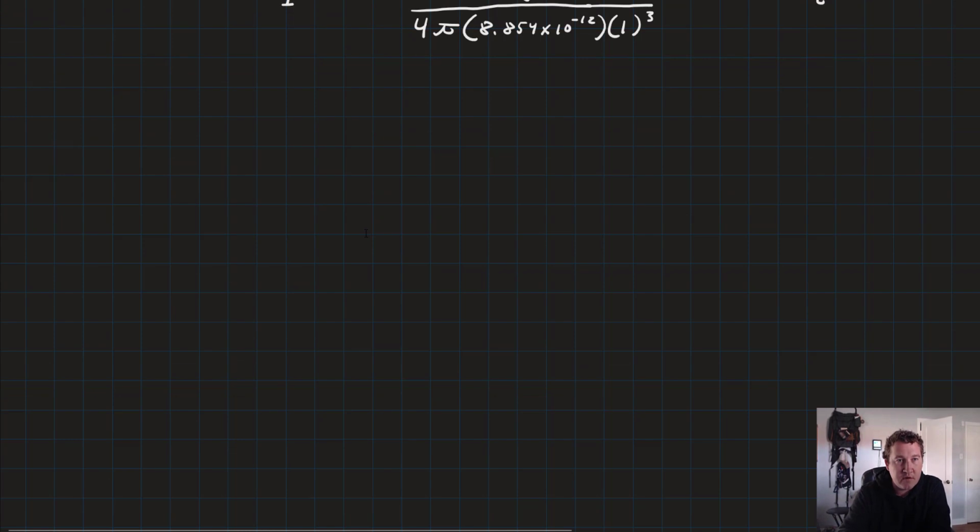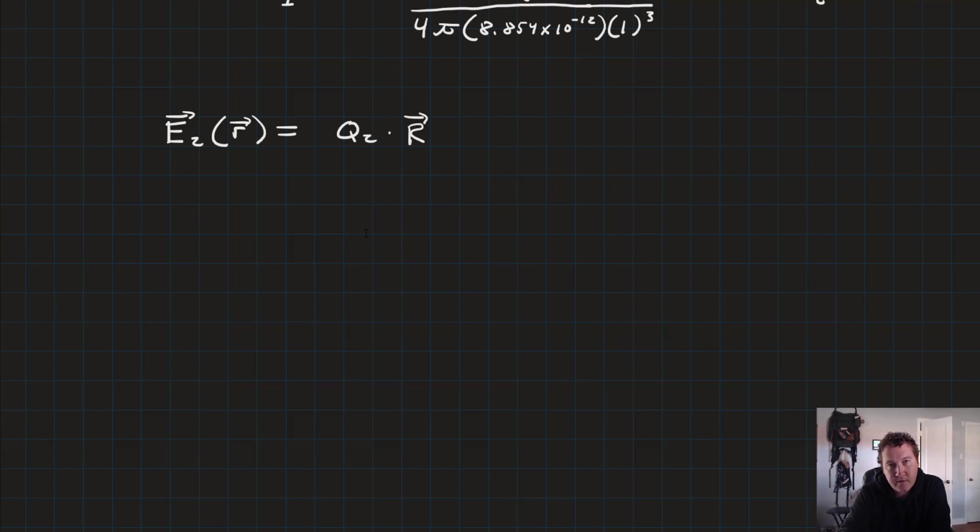So now let's go ahead and do E sub 2 as a function of r, which is equal to Q2 times the vector capital R2 over 4 pi epsilon naught times the magnitude of R2 cubed.